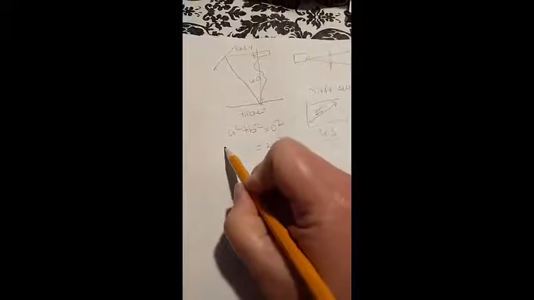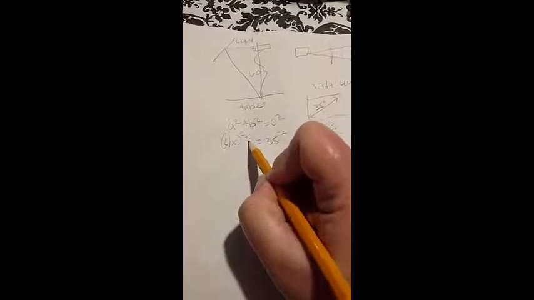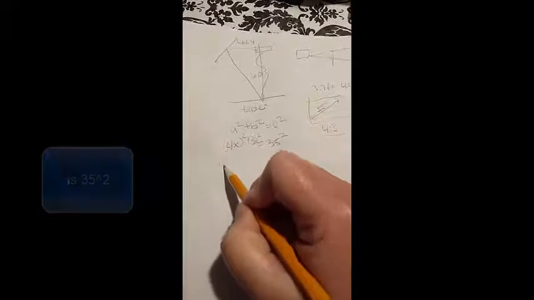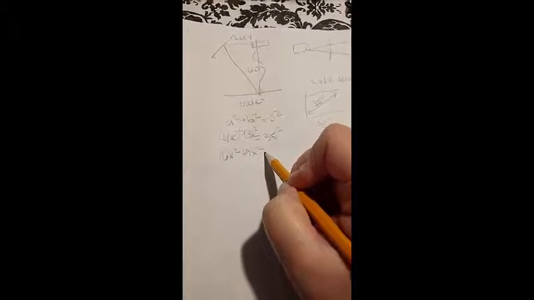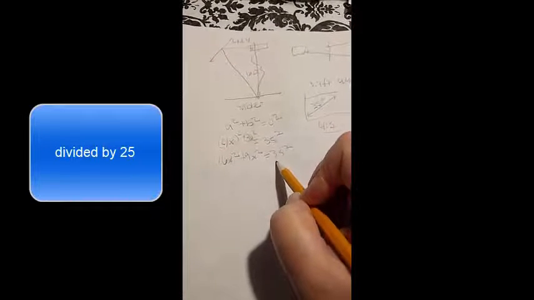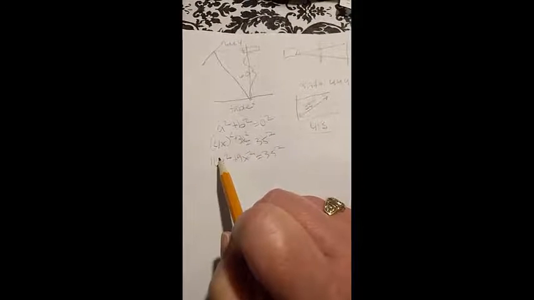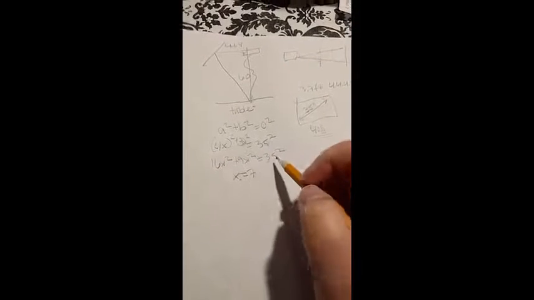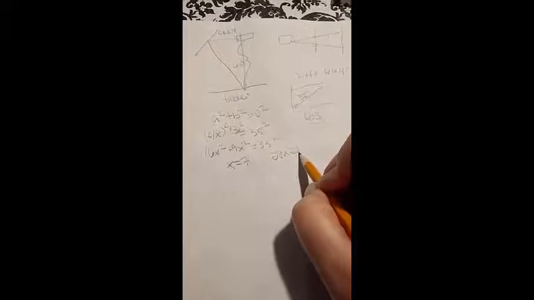So that would be 4x squared plus 3x squared is 35 squared. So 16x squared plus 9x squared equals 35 squared. So 35 squared divided by 25 squared and then square root. Anyway, so we know that x equals 7. So we need 28 by 21 for the mirror size.